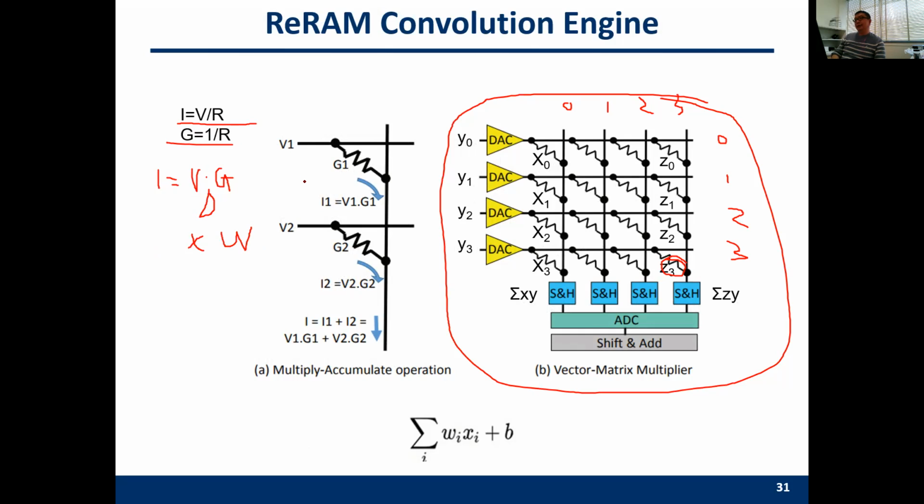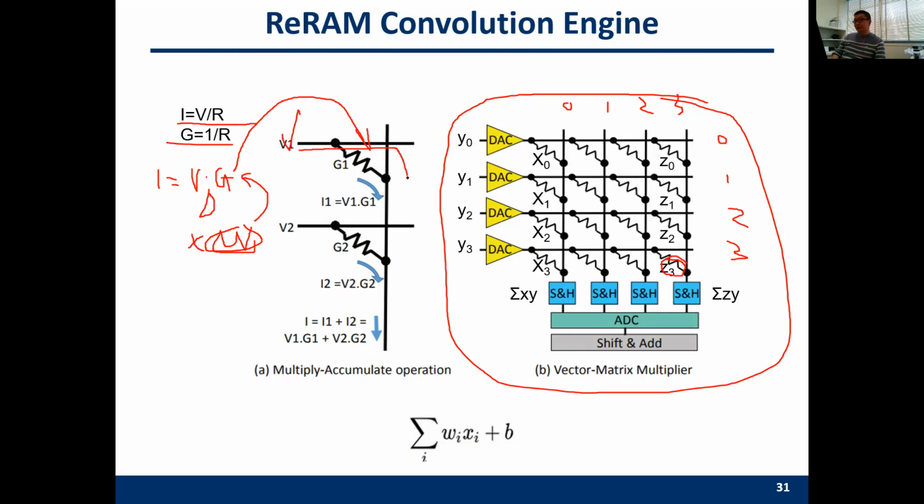Let's see what will happen. When I have this weight, I do some conversion so that I can convert it to G. And then I can write this G to this cell. Instead of doing a multiplication, I just apply a voltage here.